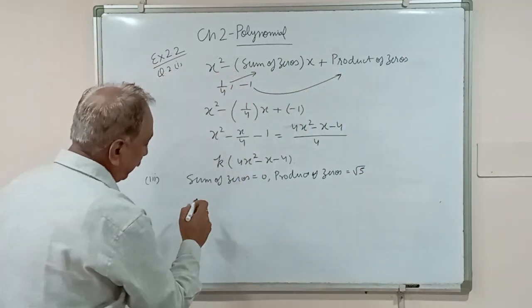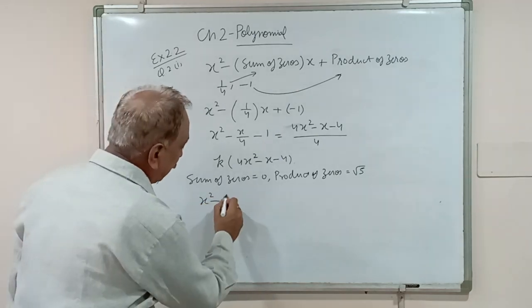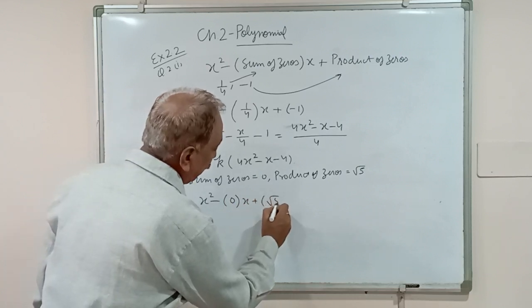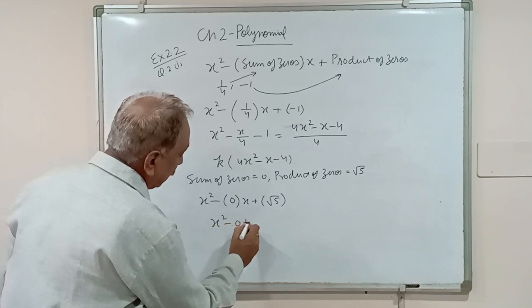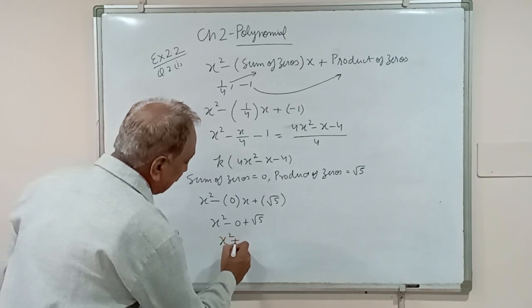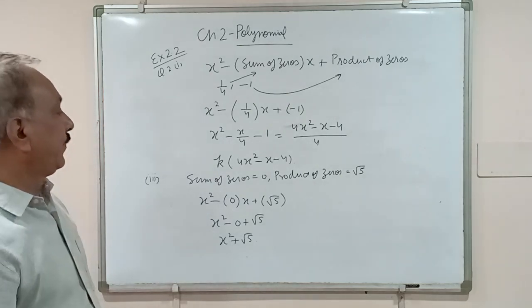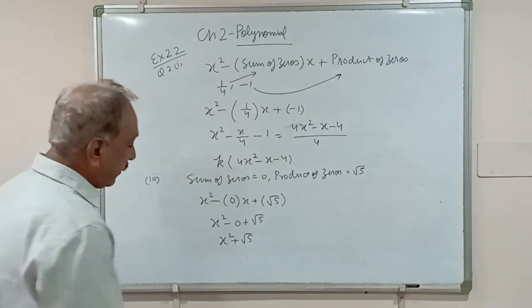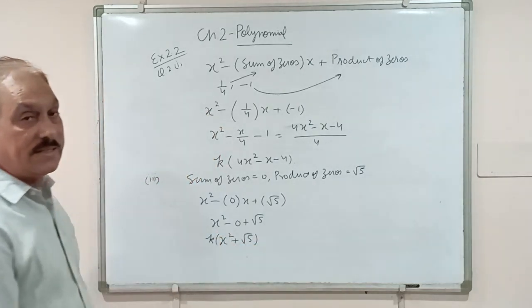Formula same. X square minus sum of zeros, which is 0. Then product of zeros is root 5. Finally, x square minus 0 plus root 5, x square plus root 5. Answer. Quadratic equation is x square plus root 5, k is any constant number.